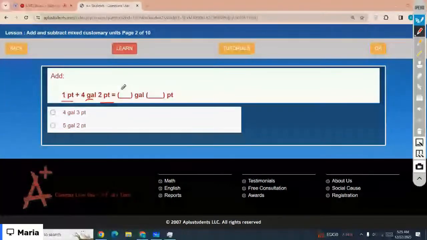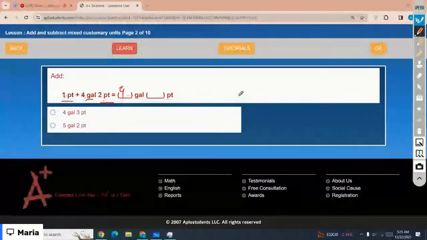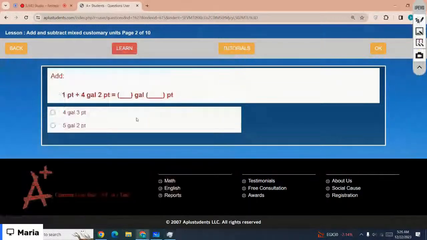The gallons stay the same, 4 gallons. You're given 1 pint and 2 pints. You can add 1 plus 2 because they both have the same unit, that is pint. So 2 plus 1 is 3, that is 3 pints, right? So that means 4 gallons, 3 pints is the option. Same units you need to add. The correct option is 4 gallons, 3 pints.